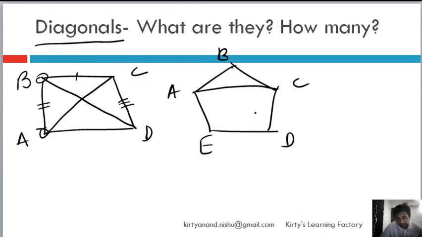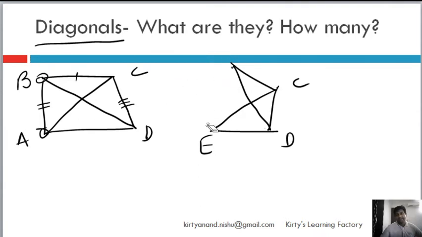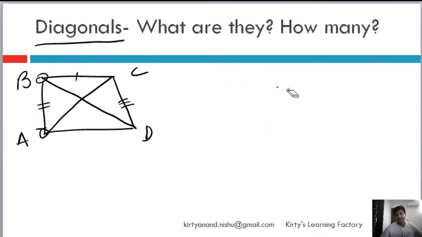Similarly, I will join point B to point D because they are non-consecutive. Similarly, I will join point C to point E, that is non-consecutive. All these are diagonals. Now the question is, depending on the number of sides of the polygon, how many diagonals will be there?